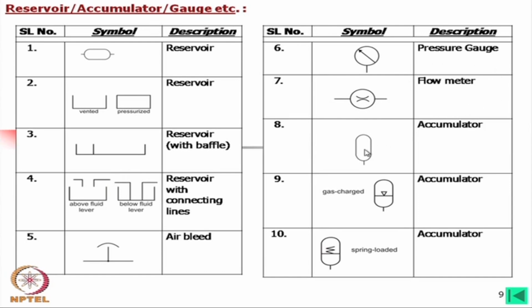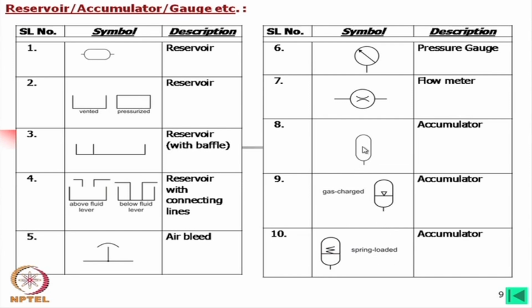Okay. Now, an accumulator will look like this. Look at this reservoir and accumulator. If we add one line there, that will be a reservoir. If you do not add a line there and simply put it like a balloon, then this will be an accumulator. This is also an accumulator, but it is a gas charge. This side a gas is there. Now, if this accumulator is spring loaded, then in that case this line and there will be a spring.